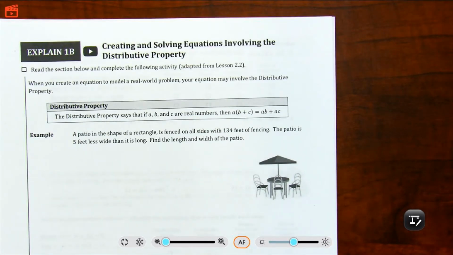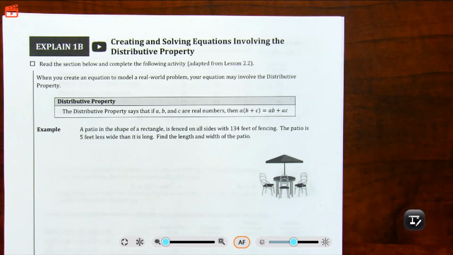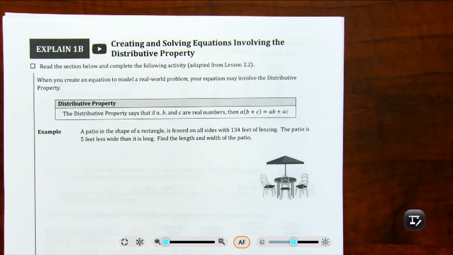Okay, so next we're going to be learning about the distributive property using a model, so using a real-world problem. The distributive property is a property that is used to multiply a number or a variable to other numbers or variables.